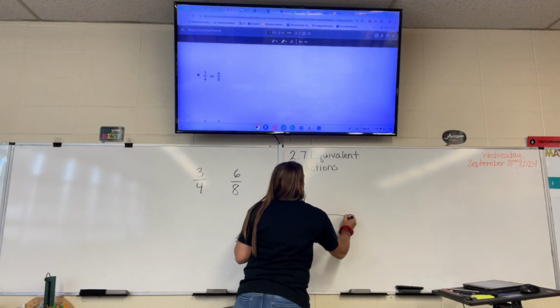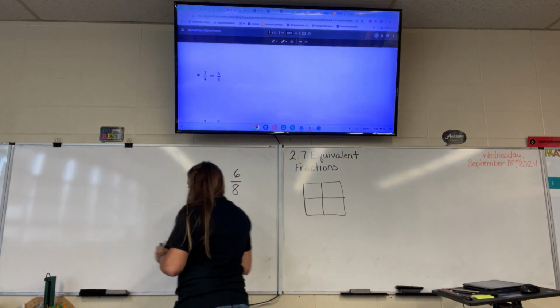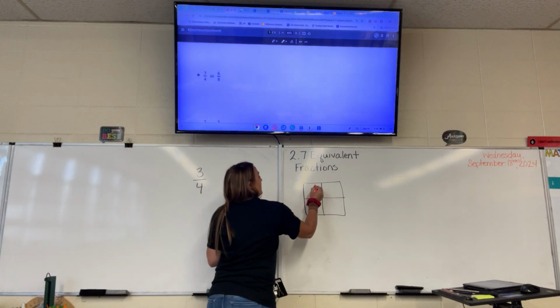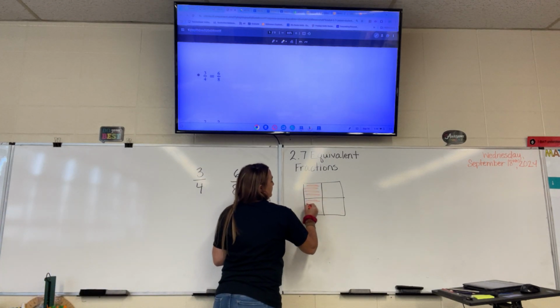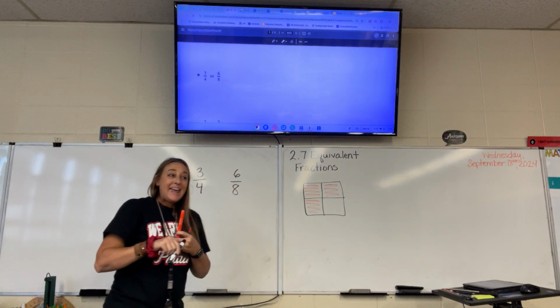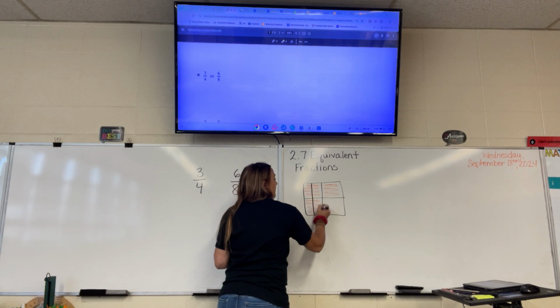So if I draw a model that's got 4 sections, and 3 of those 4 sections are shaded, and I want to make that into 8 size parts, that means all of them need to be split in half, right?